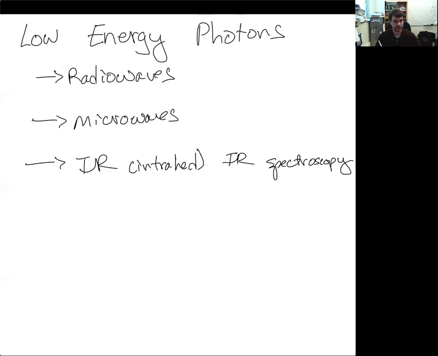Now, I really like to highlight this because radio waves are the source of radiation that we use in NMR spectroscopy. And what I want to emphasize continually is the use of radio waves is a huge advantage for NMR spectroscopy for understanding the properties, the chemical environment of nuclei within matter.